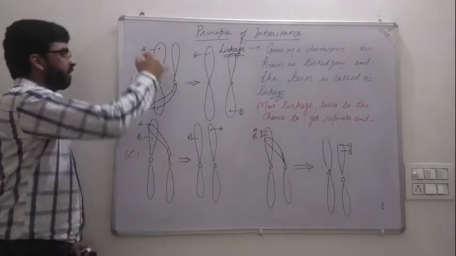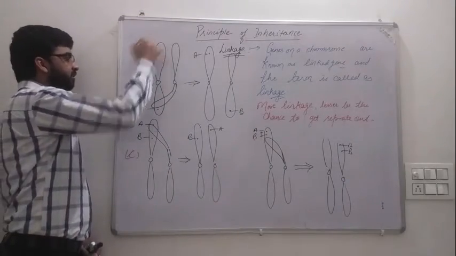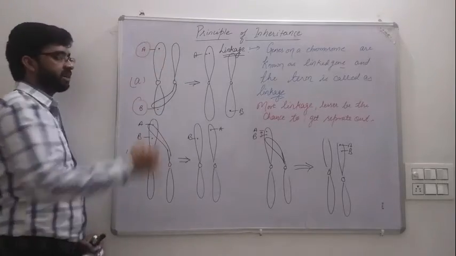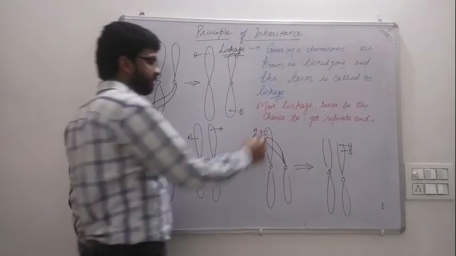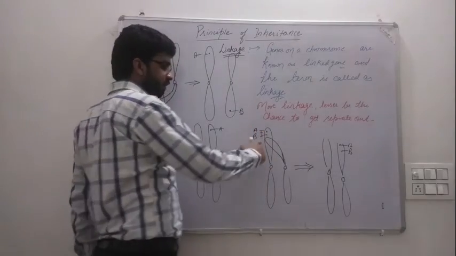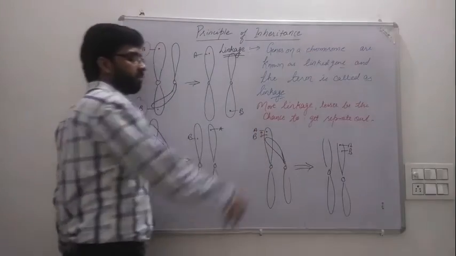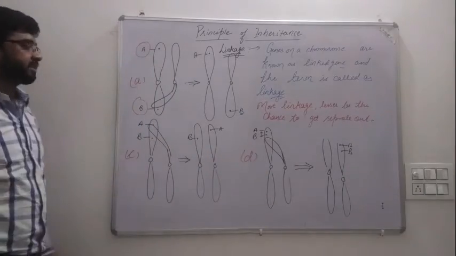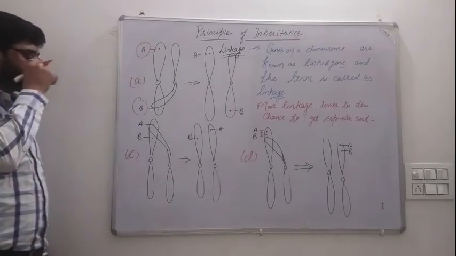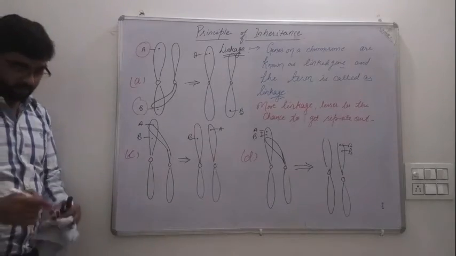When we observe example A, the distance between gene A and gene B is far, but in example D they are very close to each other, so it is difficult to separate gene A and B in example D as compared to example A. We did example B and example C here.